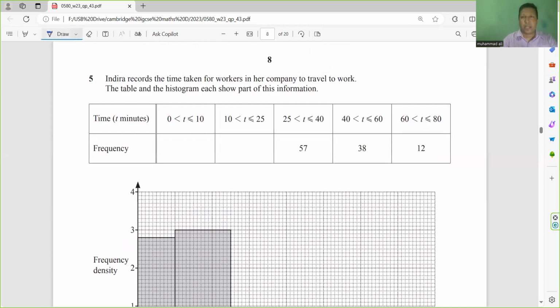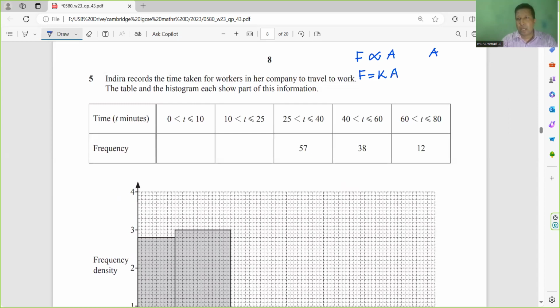Here, as they didn't give us any frequency, and we have the table and the histogram drawn, we have to write frequency proportional to area, frequency equals Ka. Here we take K equals 1, and we find the area of the first bar.